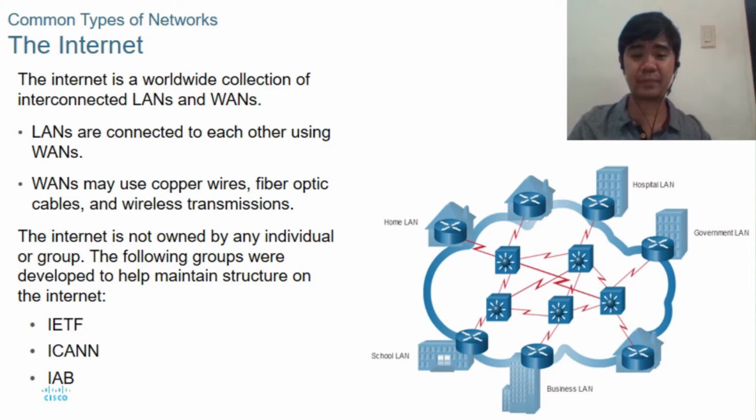And then the internet. Again, the internet is known as a public wide area network. There are standards and protocols that govern the internet infrastructure. We will discuss more of standards and protocols in the other chapters.